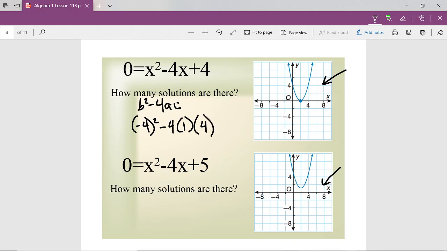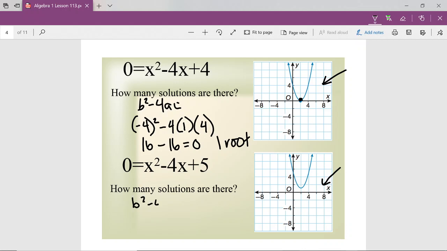So in this case, we get 16 minus 16, which is 0. Since it doesn't make a difference to do plus or minus 0, we just have 0. So that is just one root. It doesn't mean that 0 is our root, it just tells us that there's only one root, and we can see that in our picture. Just one x-intercept.